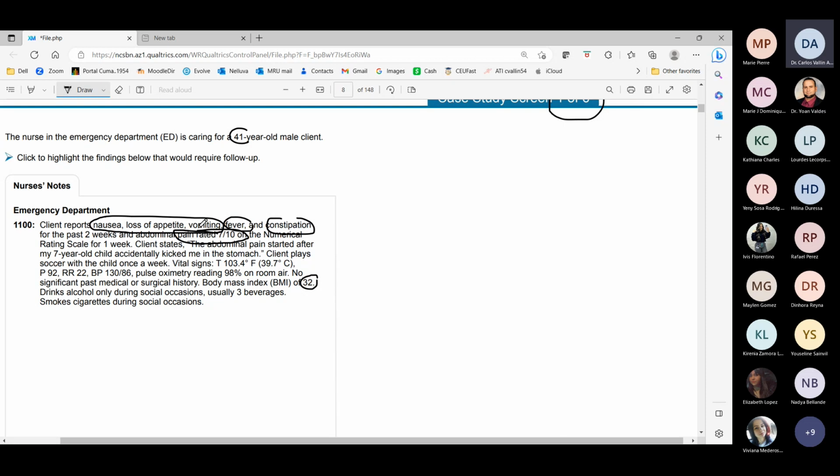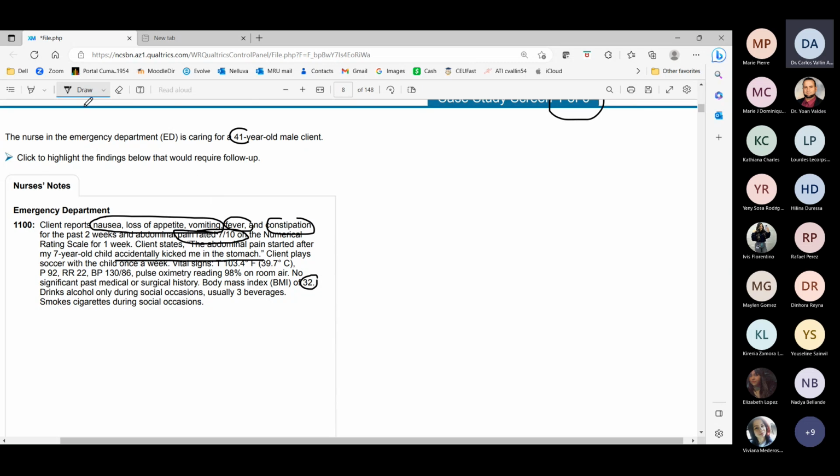It's a pain that is moving to severe. What is interesting is that the client relates the pain to an abdominal trauma. The other elements are not very pertinent.